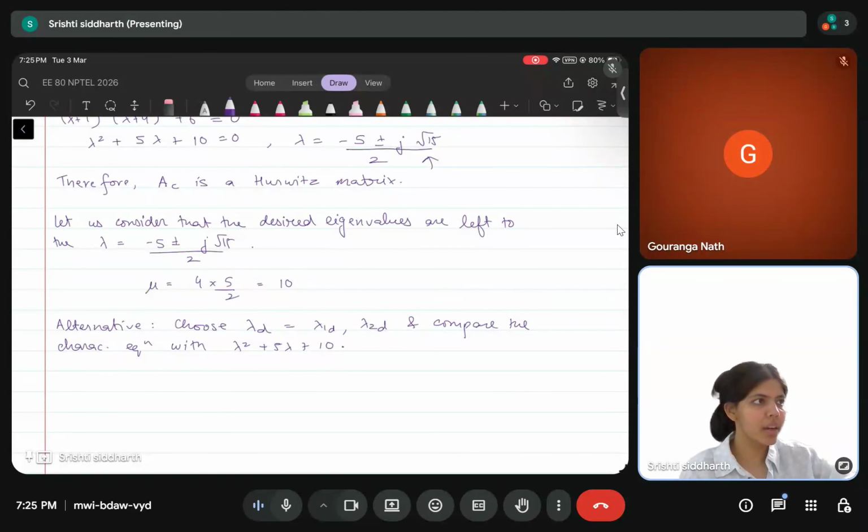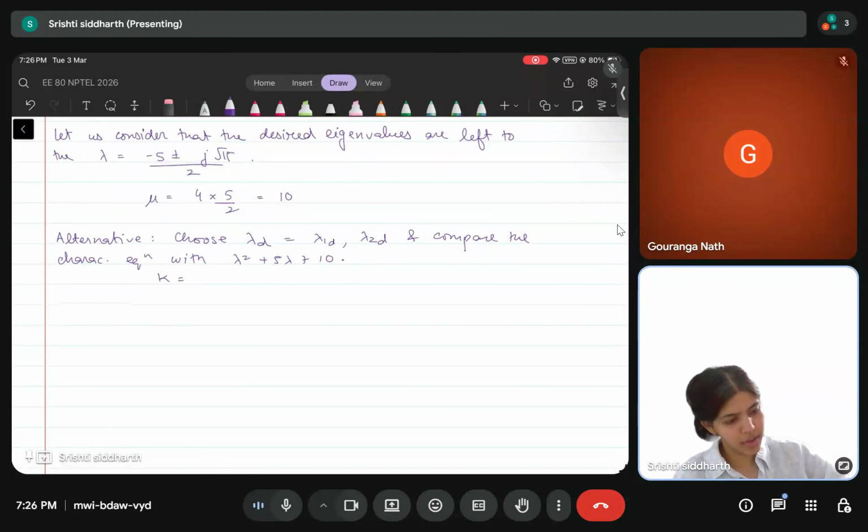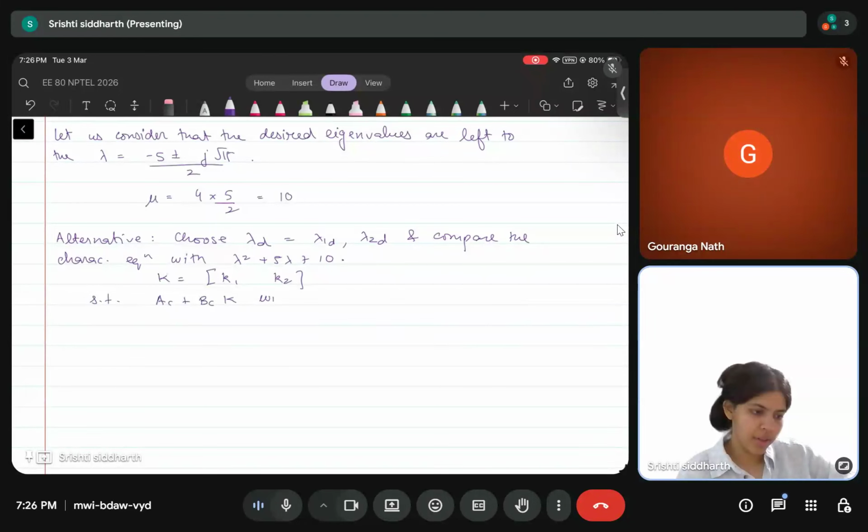And after that, you get some K such that AC plus BC times K will have the desired eigenvalues. Only two desired eigenvalues, right? Lambda 1 and lambda 2.